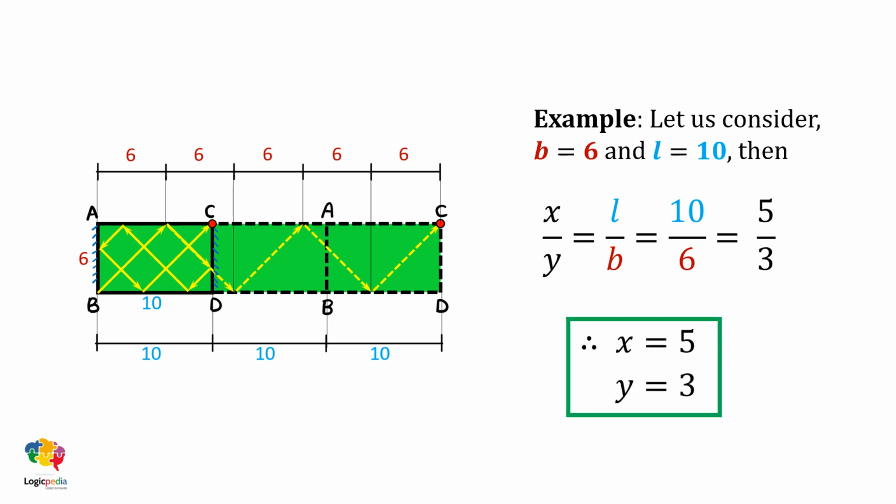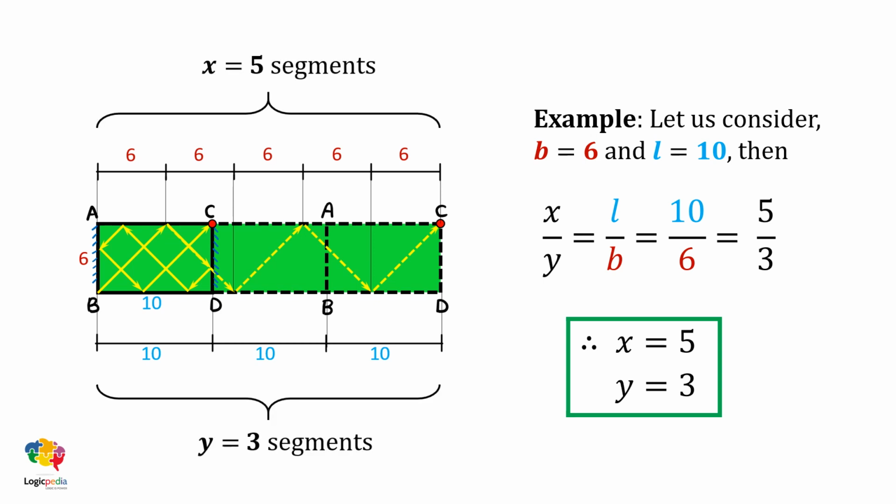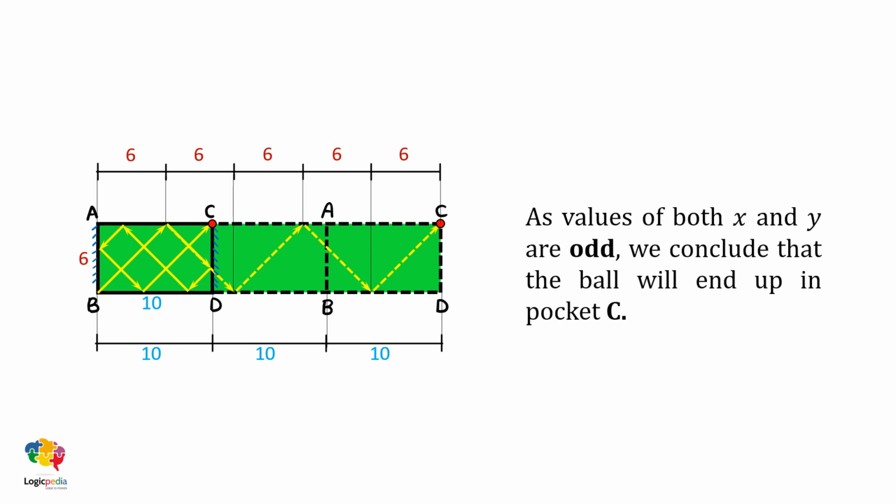And so we end up getting x equals 5 and y equals 3. These results can also be cross-verified in the given figure. In this case, as the values of both x and y are odd, we conclude that the ball will end up in pocket C.